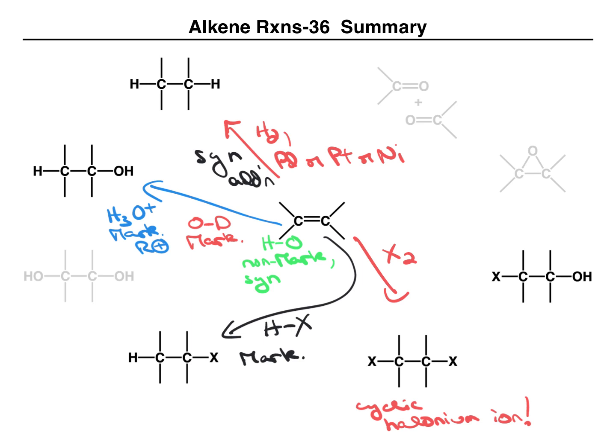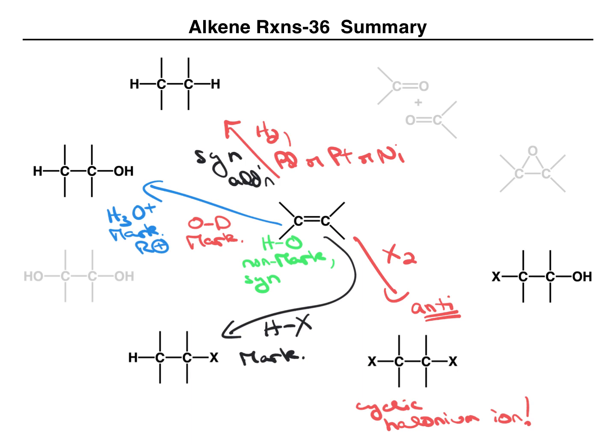And then the second halogen adds to open up the cyclic halonium ion, giving us the dihalide, where the halogens are connected to adjacent carbons. Also, because of the cyclic halonium ion, what we have is anti-addition of the two halogens.